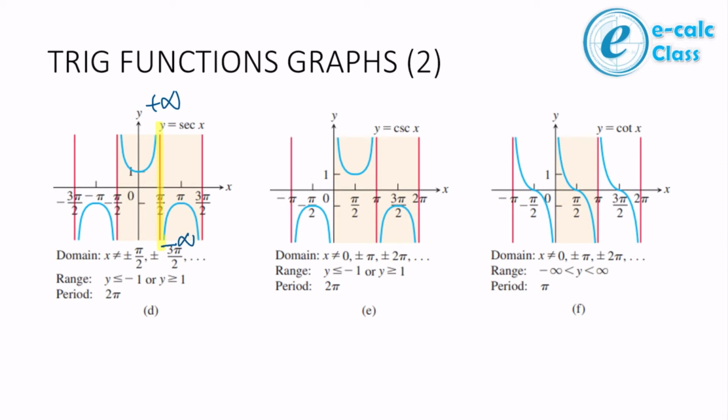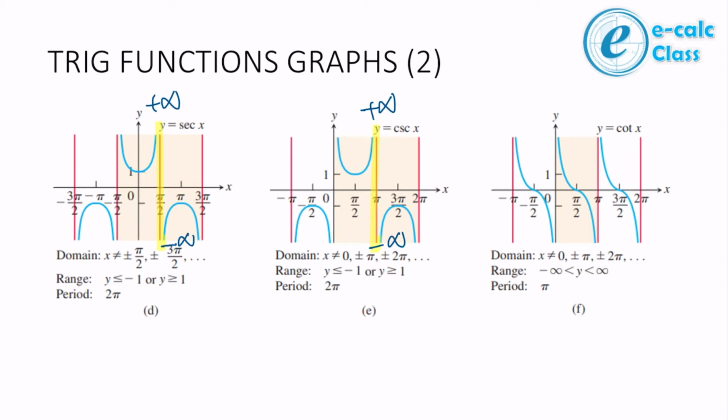Okay? Then for cosecant, the asymptote is actually at x equals pi, and the period is 2 pi. So when you approach pi from the left, the limit will be positive infinity. From the right is negative infinity.